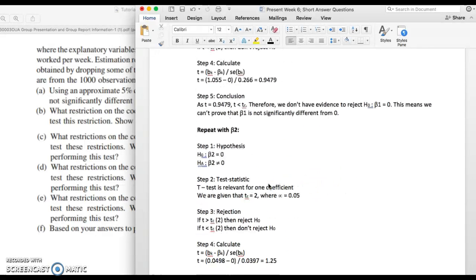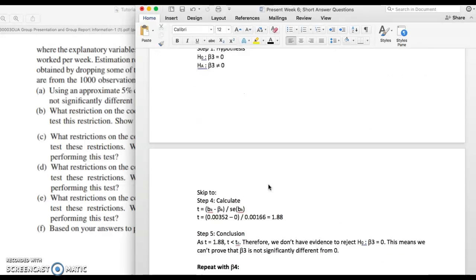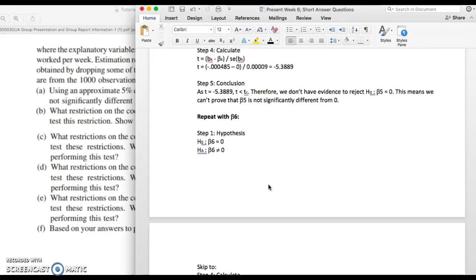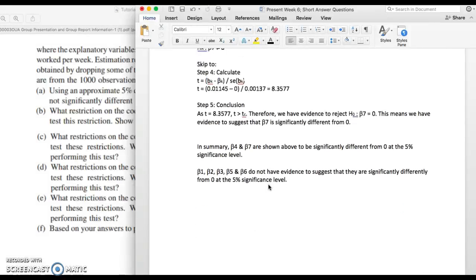We repeat with the following betas: beta 2, beta 3, beta 4, beta 5, beta 6, and beta 7, and we find that beta 4 and 7 both have shown to be significantly different from 0 at the 5% level, and the others have not shown the same.